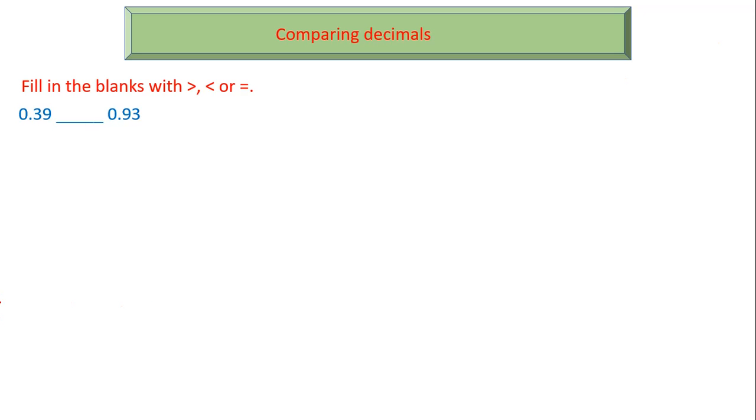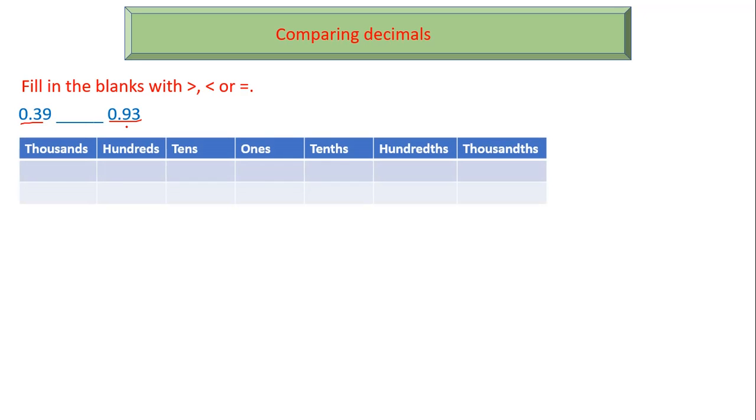As you can see in these two decimal numbers, both the numbers are like decimals because the number of decimal places is the same. Next, I will arrange the given decimal numbers in the place value chart.